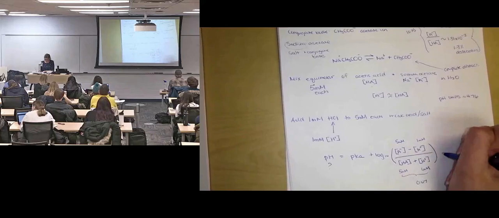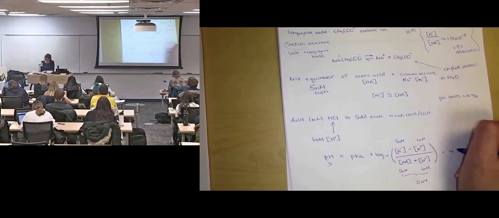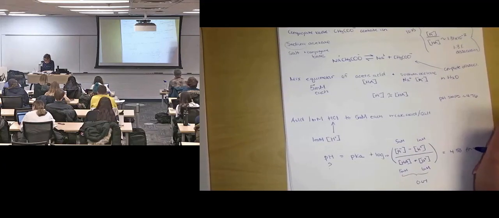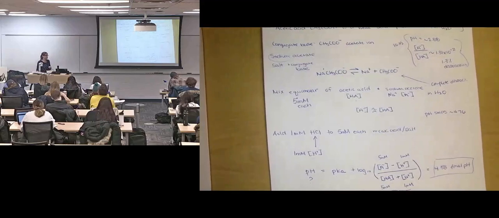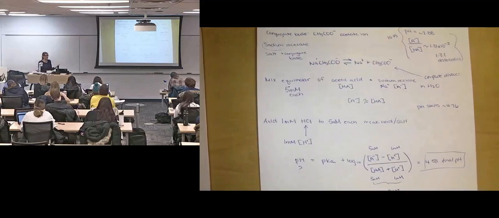So I get a final pH of 4.58, which is not a very big difference from what I started with. And I've essentially buffered this pH change. If I put 1 millimolar of HCl directly into water, I expect the pH to be 3, not 4.58. Okay? And so I have prevented this really steep decline in pH.